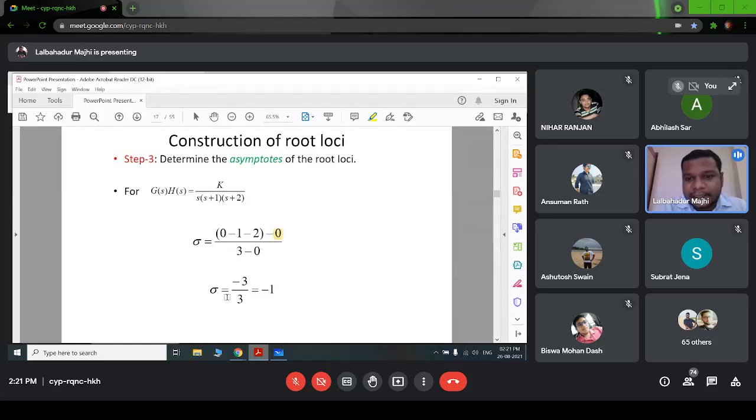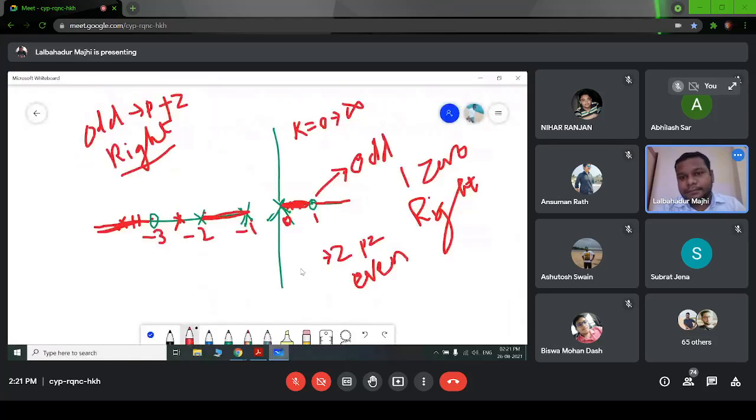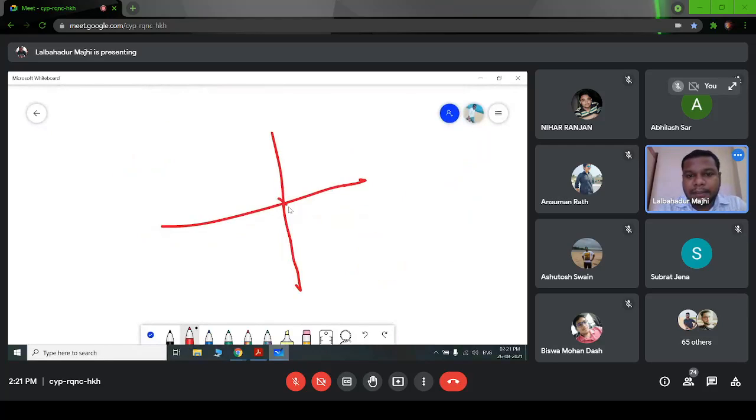Okay. So let's see what is the significance of the centroid and asymptotes. We have the centroid at minus 1. At minus 1, we have to draw a point here. So we have 3 poles at 0, minus 1 and minus 2, and our centroid at minus 1. So we have to mark that point. This is our minus 1.